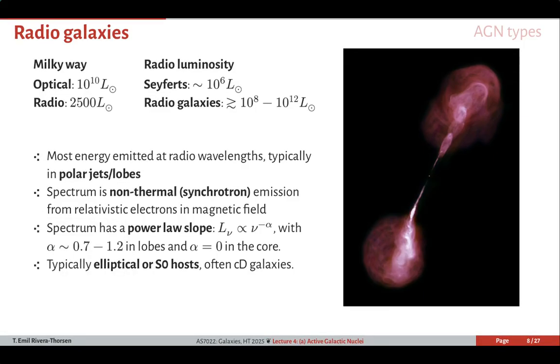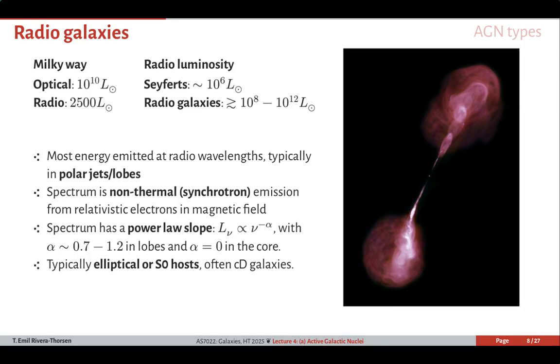This radio spectrum is non-thermal. It is synchrotron emission from relativistic electrons, which are shot out at very, very large velocity from the poles of this AGN, and then interact with the surrounding magnetic field, where they are accelerated and emit synchrotron radiation.